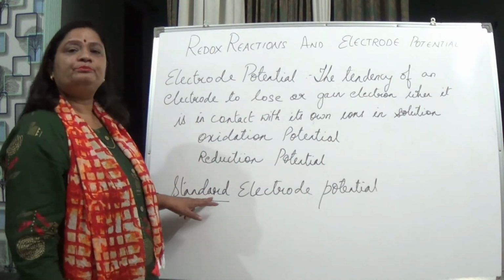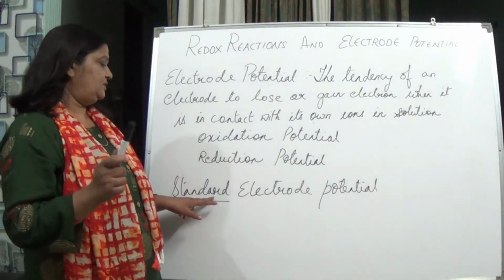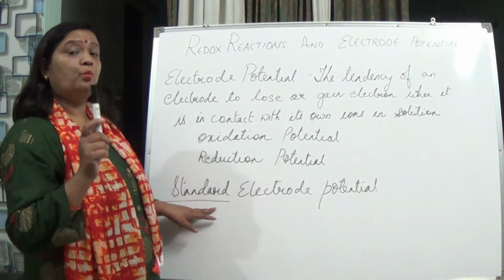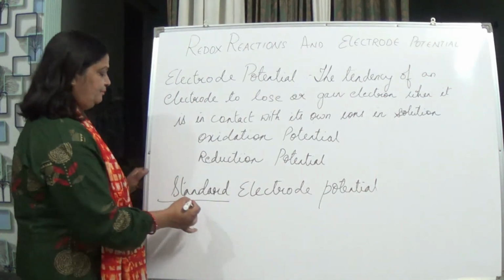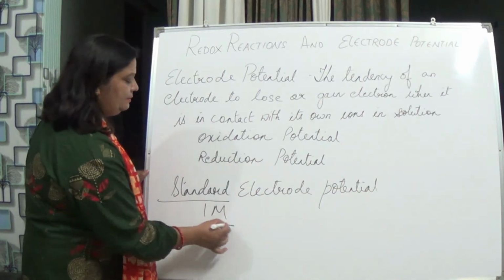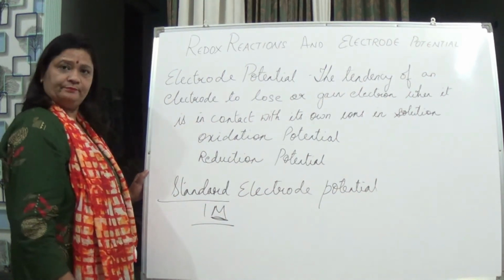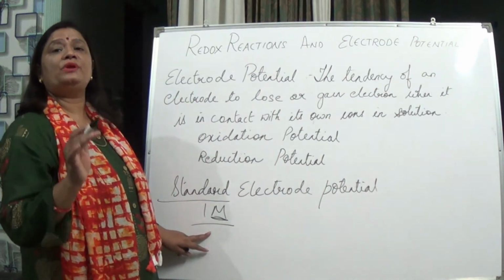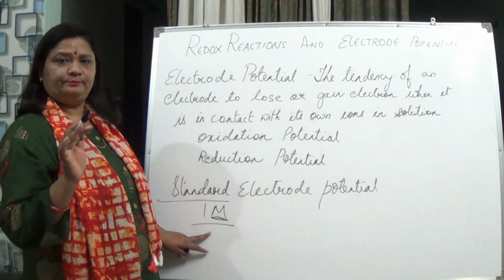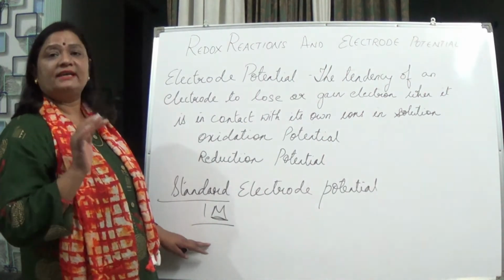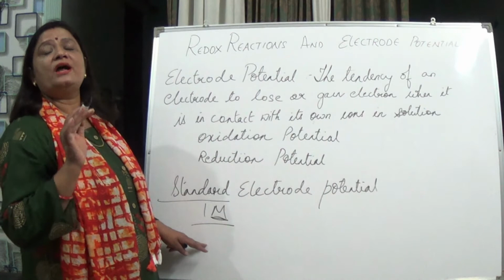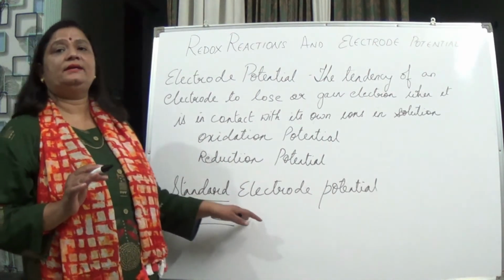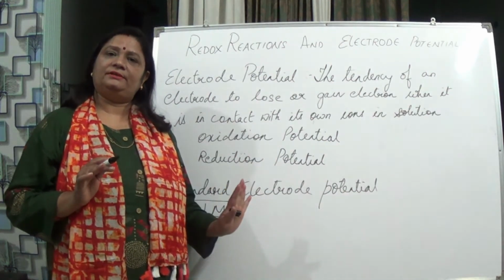So in standard condition, the concentration should be unity or 1 M, where M represents molarity, and temperature should be 298 Kelvin. And if it is a gas, the pressure should be 1 atmospheric pressure. That explains standard electrode potential.